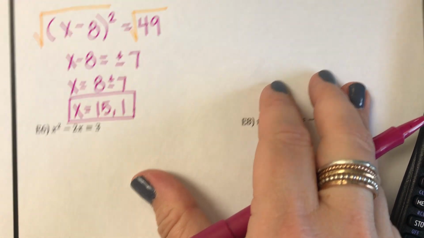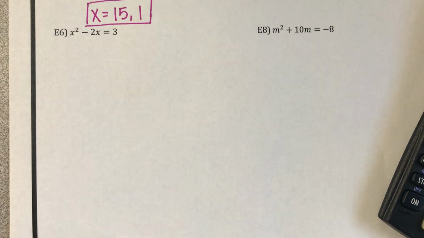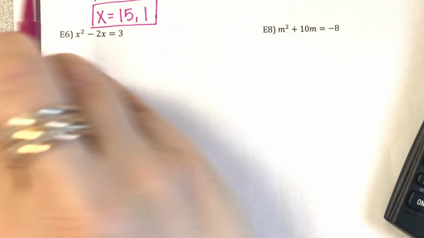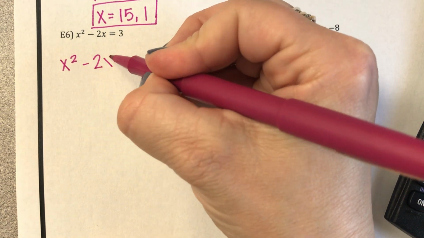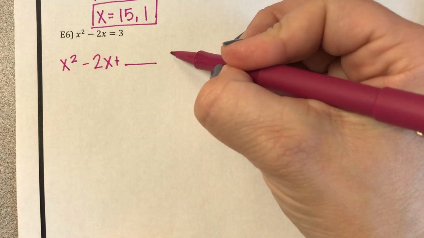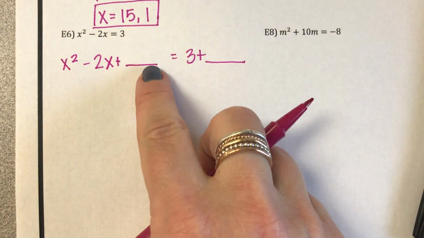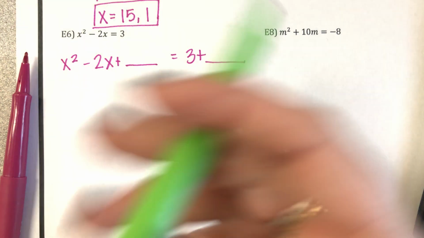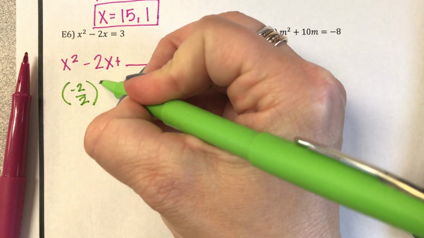Okay, let's look at number 6. So we're going to do the exact same process. We have x squared minus 2x plus some mystery number equals 3 plus that same number, right? What can I put in here to complete the square? So I do b over 2 squared.